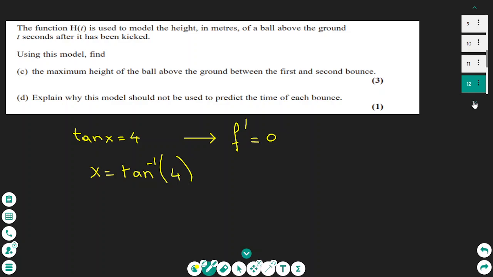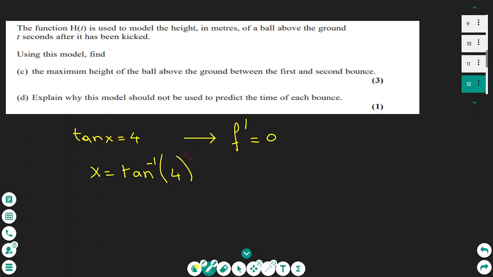Maximum height refers to turning points on the graph, and turning points are given by the equation we found in part A. So we solve this equation for x, and it gives us the turning points, which are the maximum points of the h function.